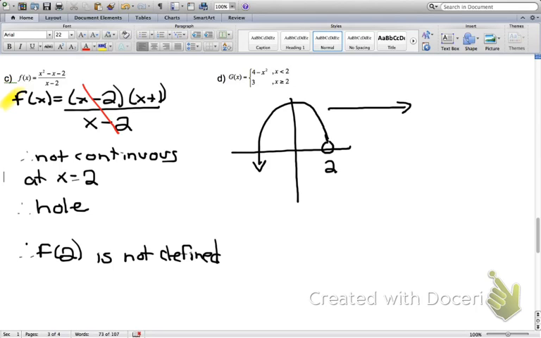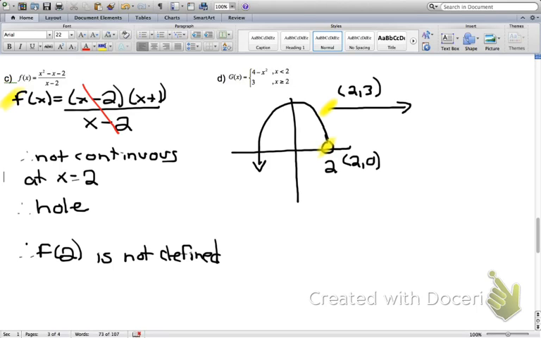You'll notice for our parabola here, when our x value is 2, our y value is 0. So this point here is going to be 2, 0. Where this point right here is actually going to be 2, 3.